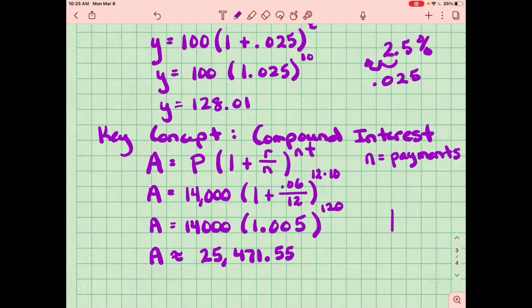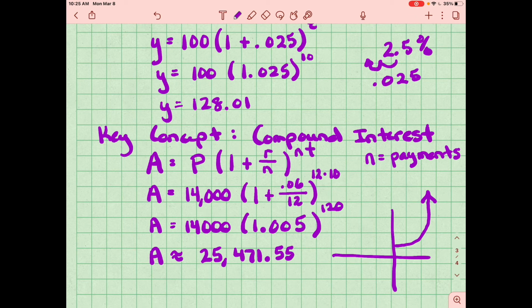So our graph is going to look like, starting at 14,000, it kind of goes along gaining interest, but then the interest starts to earn interest, and it starts to climb pretty fast. This amount is going to keep doing this, and the longer it's left to earn at 6%, the better it's going to do.